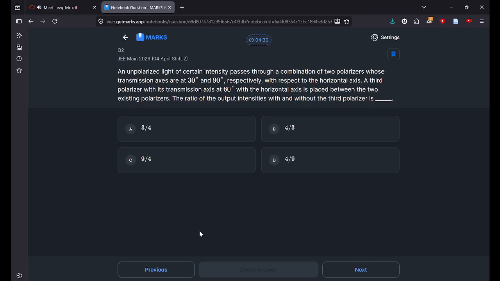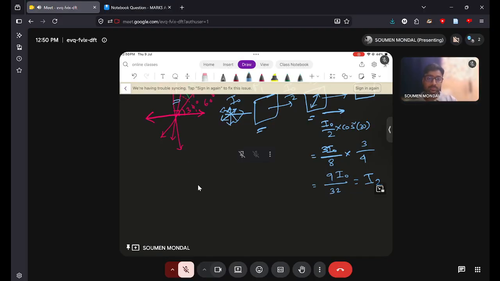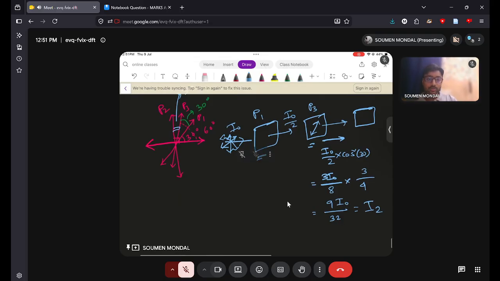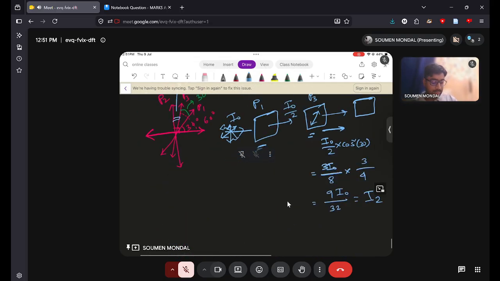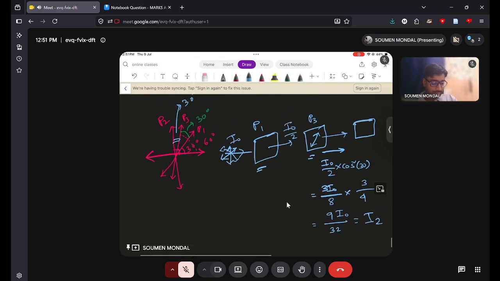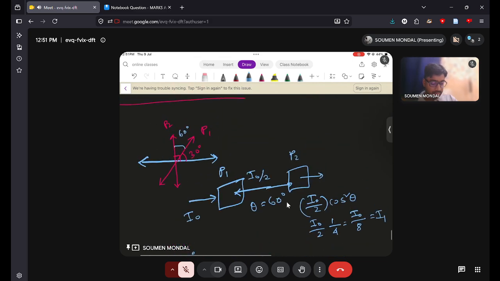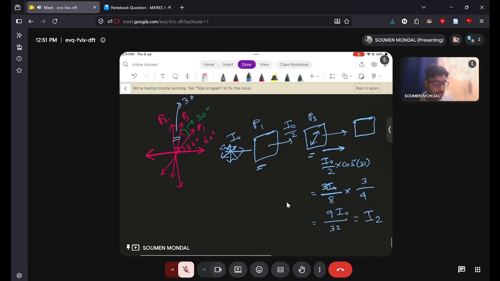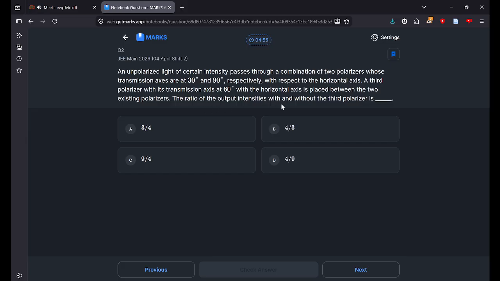Now they want to know the ratio of I2 versus I1, the ratio of output intensity with or without the third polarizer.